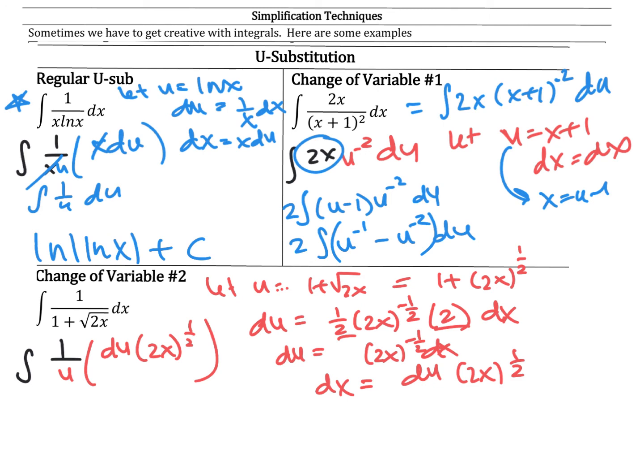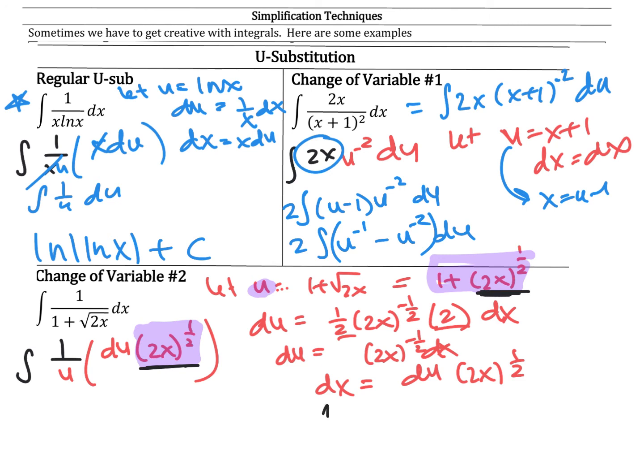It isn't that our original integral still has an x component in it, it's that our du has an x component in it. So what we can do is we can substitute. I could probably manipulate u equals this to isolate the thing that I need to isolate. So what I need to isolate is 2x to the 1/2 power.